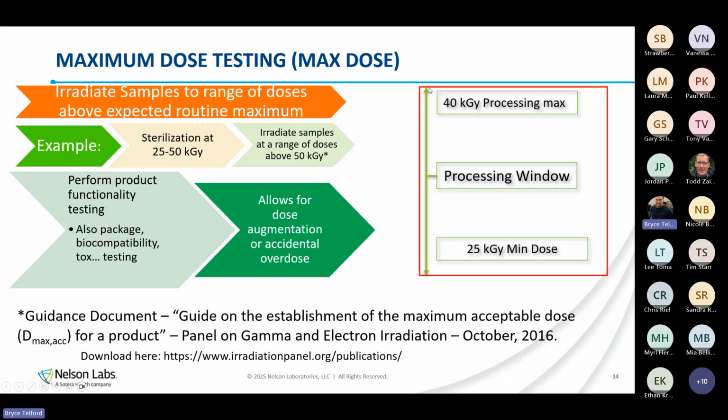So when we talk about max dose, we want to make sure that we have something higher than our processing window, because product is normally going to receive 25 to 40 kilogray. We want to make sure our maximum dose is something higher than that so that we have a little bit of buffer. That way, if, for example, something is dosed incorrectly, we can add additional radiation and get it dosed properly.